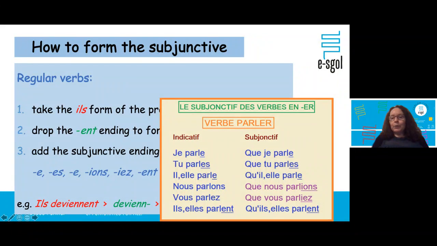So as you can see in purple there, the only two that deviate from the indicative are the nous and the vous forms, where we've just simply added an I in there. So hopefully that gives you a little bit of confidence that it's not as tricky as one might think.